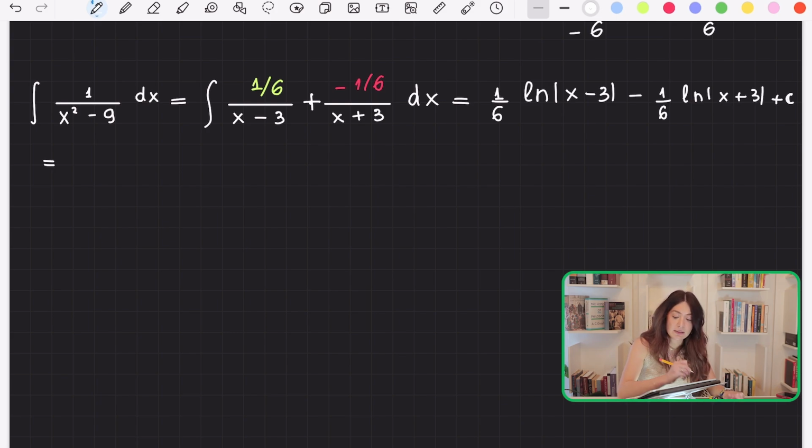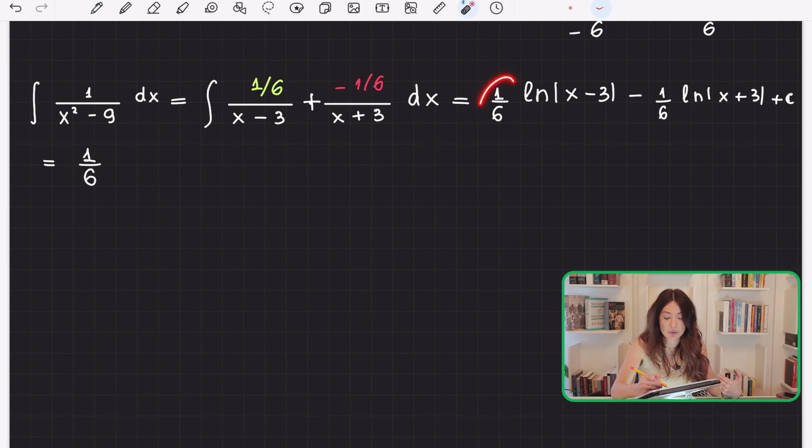You can stop there, or you can simplify it, using log rules. This coefficient, when it's in front of log, comes here as the power. And whenever you have a minus sign between logs, then this is the numerator, this is the denominator. It's a division.